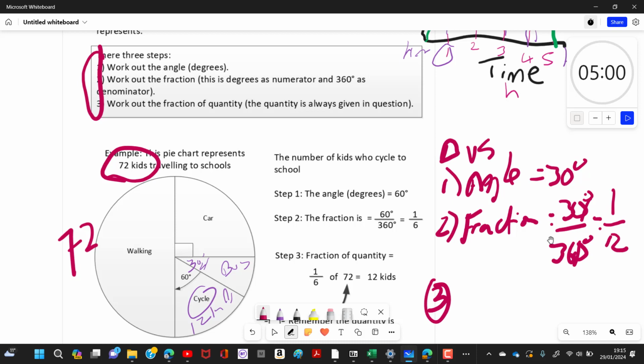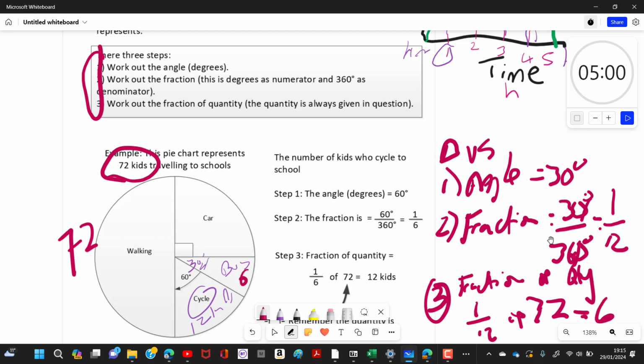And then you take a fraction of the quantity. So it's 1/12 of, what's the quantity? It's 72. How do you find a fraction of a quantity? Divide by the bottom, times by the top. So 1/12 of 72 is 6. So 6 kids go by bus.